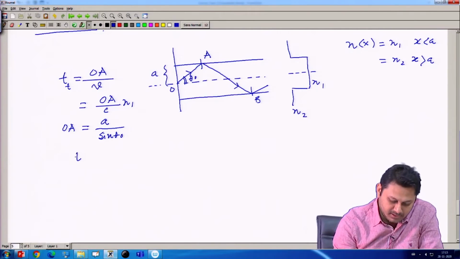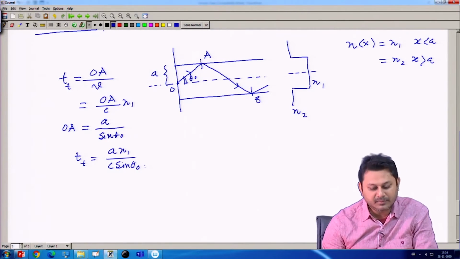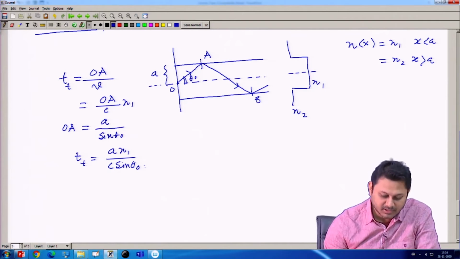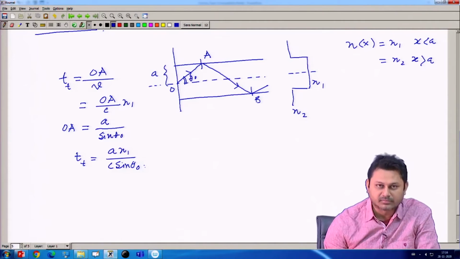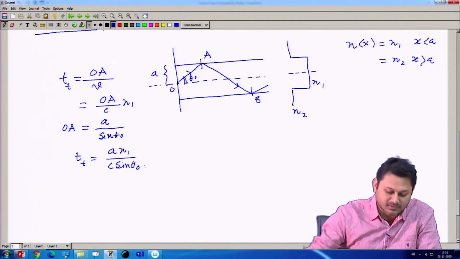My TT will be simply A N1 divided by C sin theta 0. Without using any kind of expression, I can readily calculate, because in this case N1 is constant, but it is not that easy when we have N as a given function of x. For example, a graded index or parabolic index fiber, it is not that easy to calculate, but anyway.